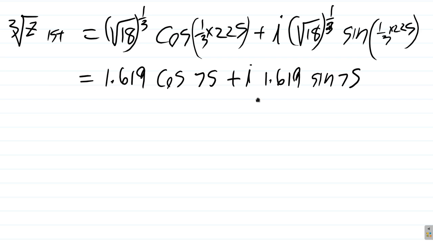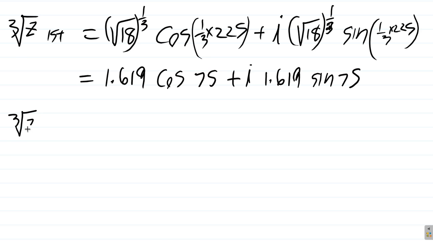Let me make sure my calculator is in degree mode, and then sine 30 gives me half. Good. So 1.619 times the cosine of 75, you get 0.419 there, and then 1.619 times sine of 75 is 1.564. That's what you got? Alright. I'll just let it stay here for now.